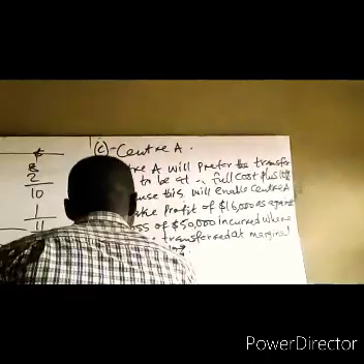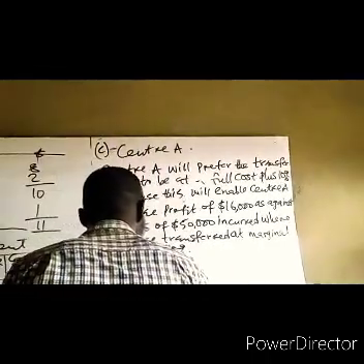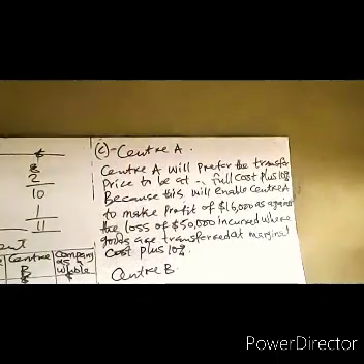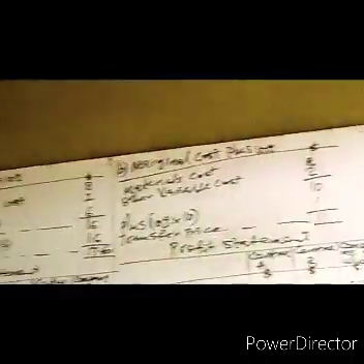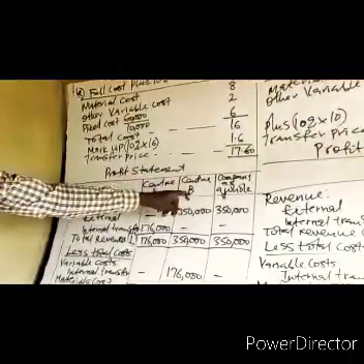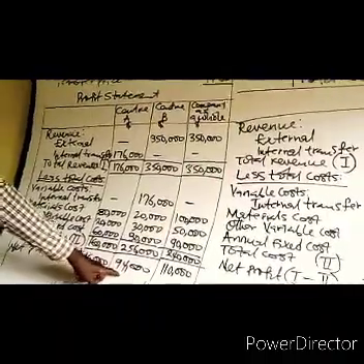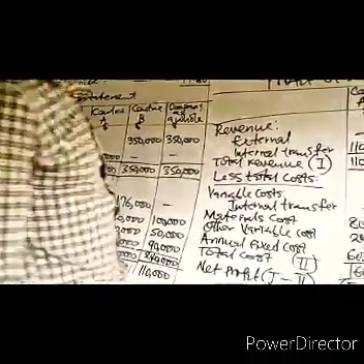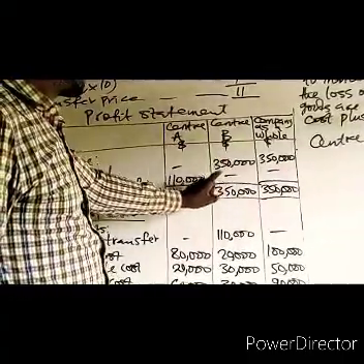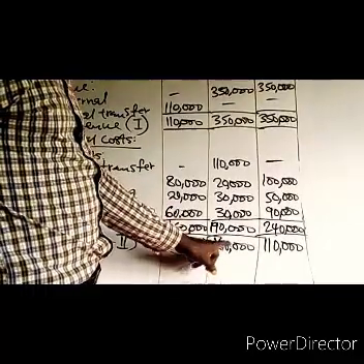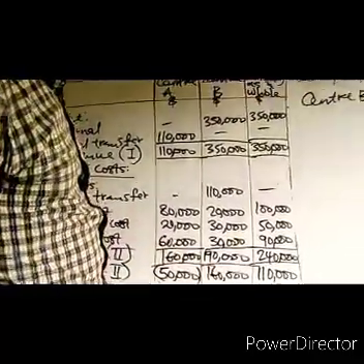In the perspective of center B, where goods are transferred at full cost plus 10%, center B makes a profit of $94,000. But where goods are transferred at variable cost plus 10%, center B makes a profit of $160,000.